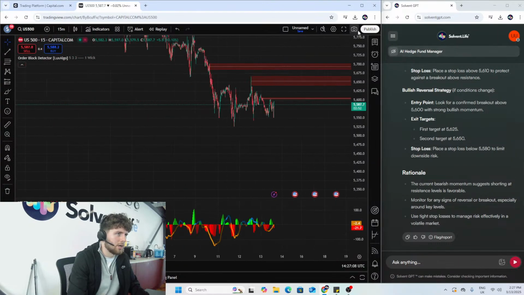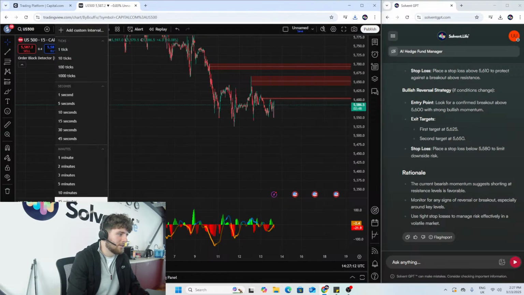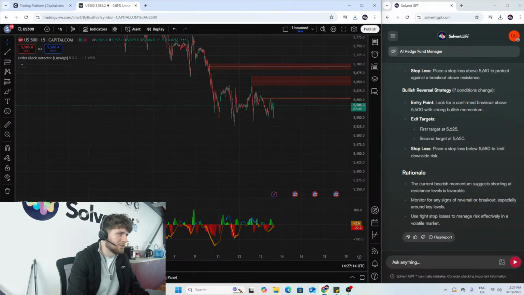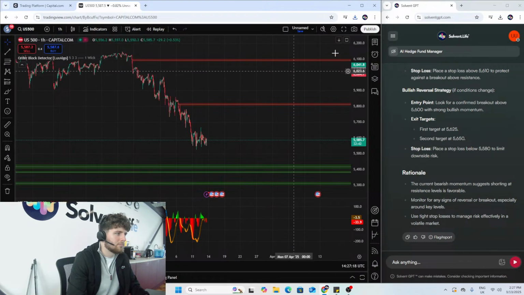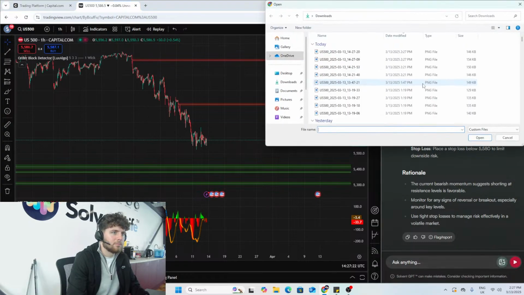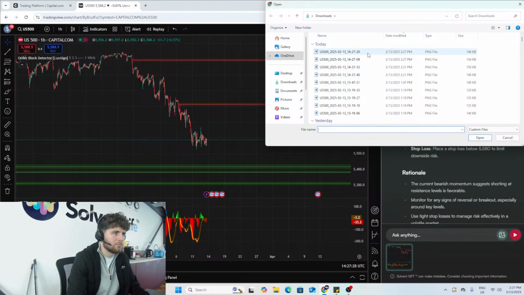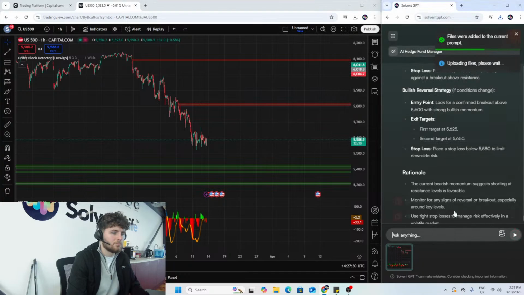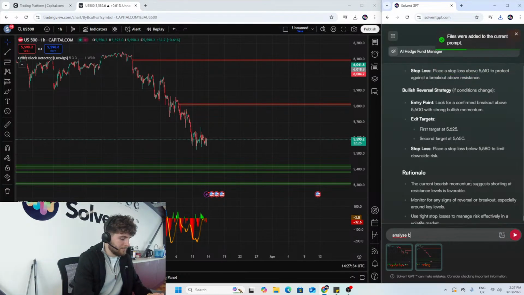What we're going to do, we're going to update the GPT. Once again, we're going to take an image of the 15. This time, as well as that, we can take an image of the 1 hour. We'll just attach both of these images. Analyze both of these.